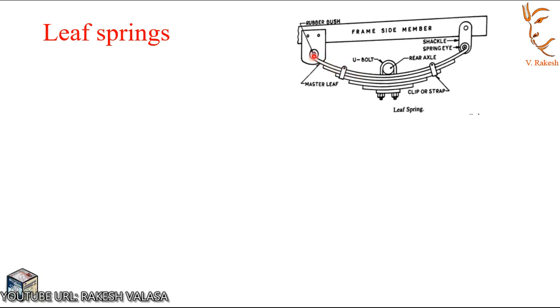In some cases, a leaf spring may be attached to the vehicle frame on one end through a spring bolt passing through the eye, and the other end will be attached to a short swinging arm. This is known as shackle. The shackle provides swinging ability to the leaf springs.